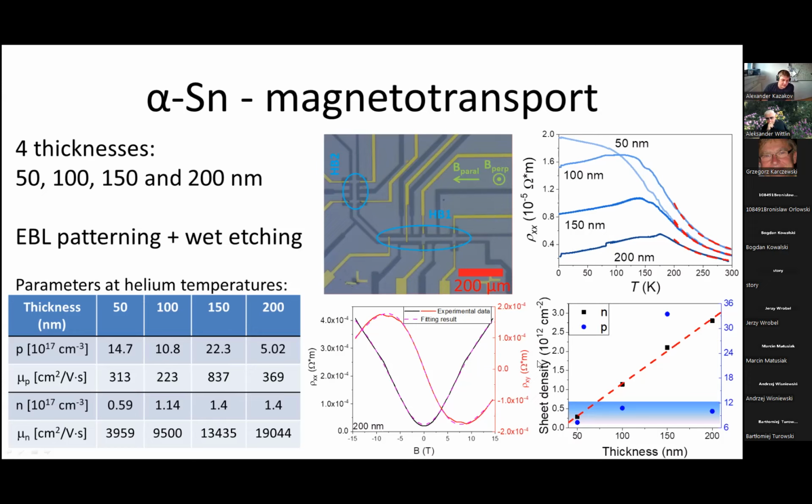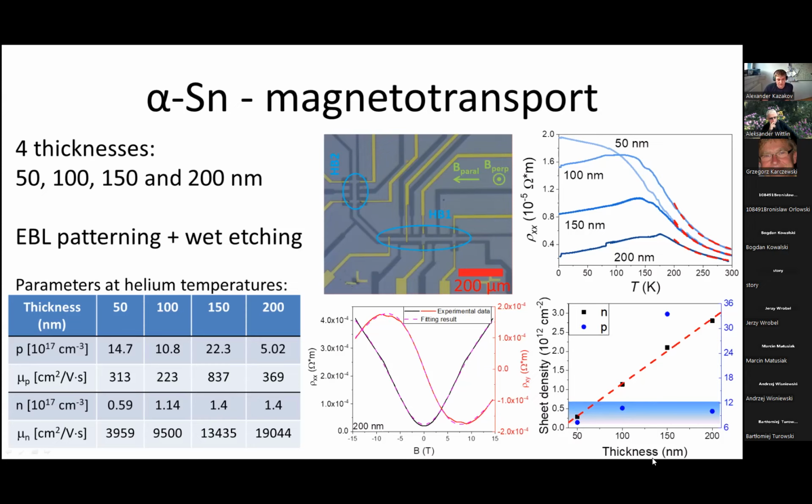For the magnetotransport in the low temperature regime, we focused mostly on it so as not to complicate the analysis with consideration of the L band. At low temperature, we saw the presence of two types of carriers, both N and P type. If we plot the sheet density of holes and electrons versus thickness, we see that the electron sheet density depends linearly on the thickness.